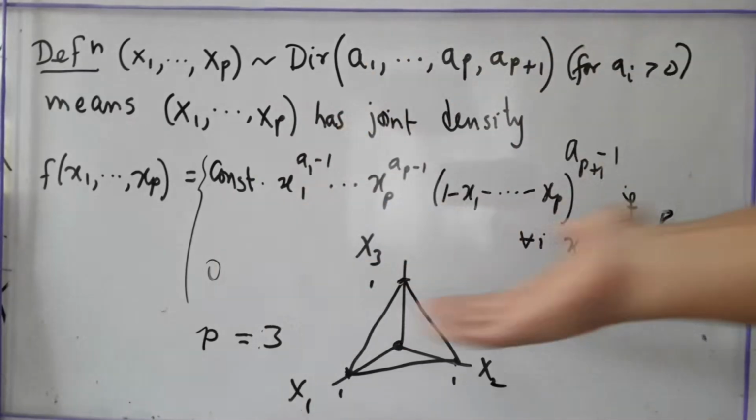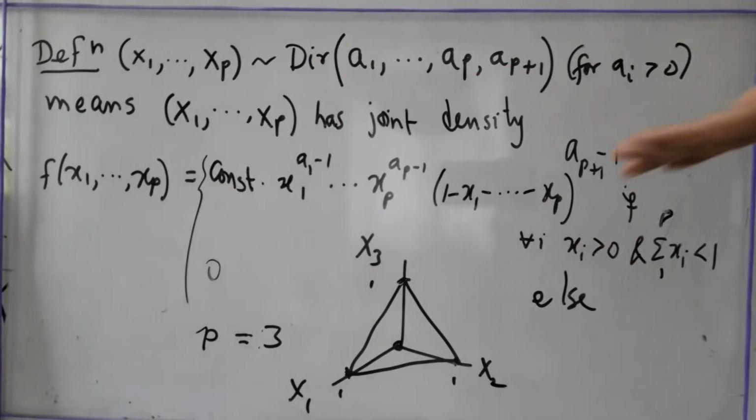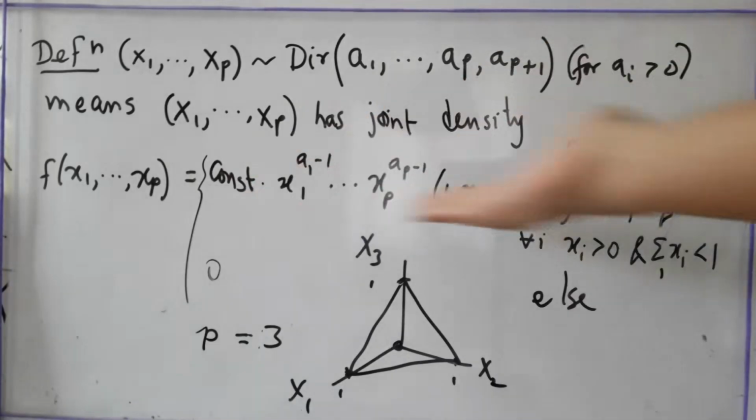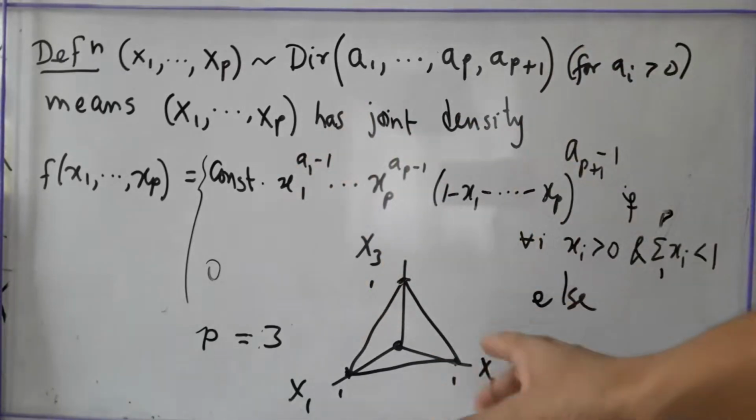Now we should of course check that this is really a density. I merely wrote something down and claimed that this is a density. In order for this to be a density, we have to check that this is always non-negative, which it obviously is because of this condition. But is the integral finite? Well, I am always integrating it over a nice bounded region.